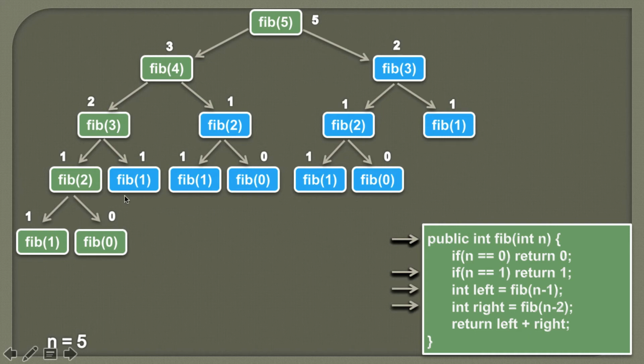Similarly, fib of 1, we have recalculated it here, here and here. And the same goes with fib of 0. We have calculated it here, here, here. So friends, when we solve this problem by breaking it down into smaller subproblems, we see that this problem has multiple overlapping subproblems.